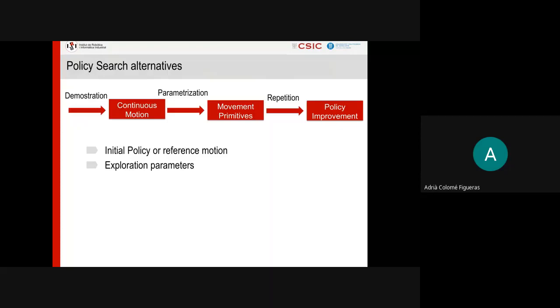We build this policy that is a probability distribution on the parameters of the motion representation, and then we have the robot randomize and generate random motions within this distribution. And then after some of them, we can reevaluate our policy and update these parameters, given that we have evaluated the outcome of these executions.